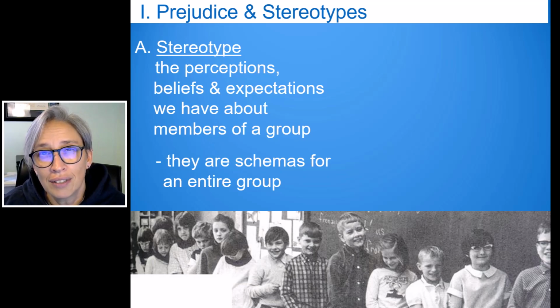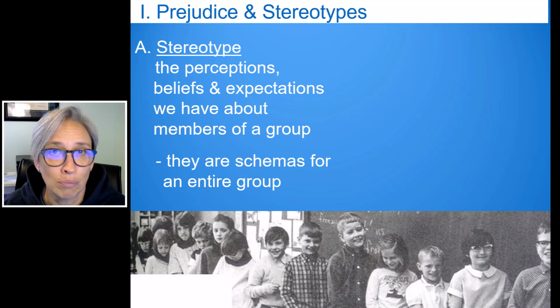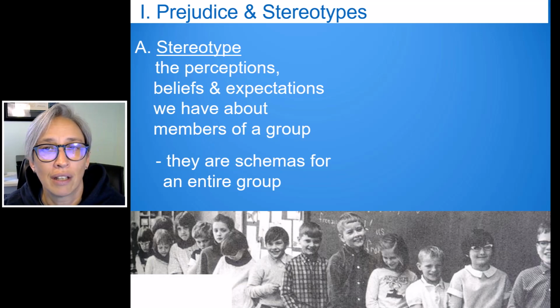It's easier for us when we get to know people to form these impressions based on attributions, our attitudes, and sometimes they can lead to prejudice and discrimination. Just for example, say you meet an older man and your schema, your stereotype about that older man is that they are sexist. Well, when we do that, we close ourselves off to the possibility that this man might be the wokest individual you ever met.